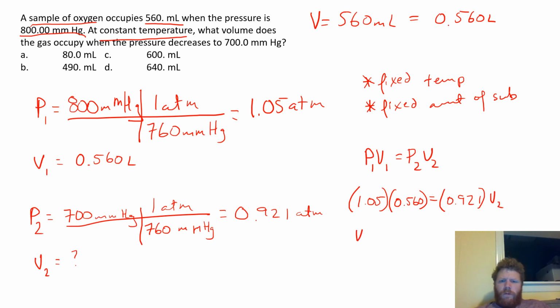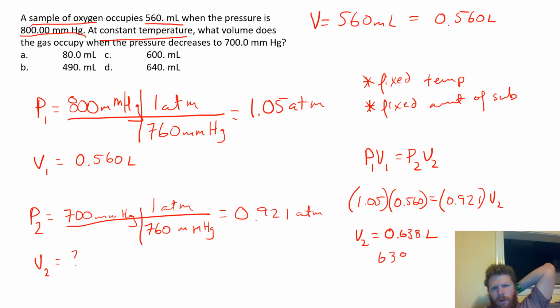And ultimately our V sub 2 is going to be our volume 0.638 liters, or 638 milliliters, which our closest answer for that is answer B.